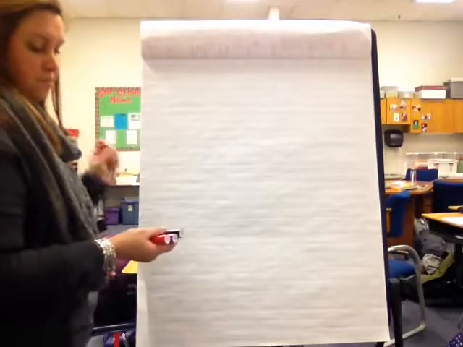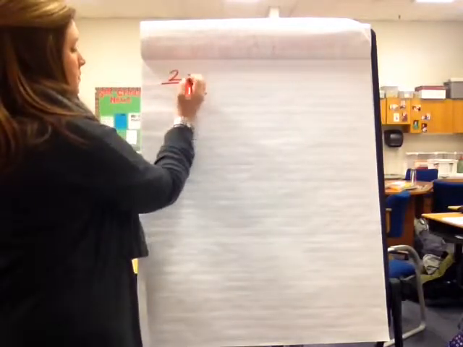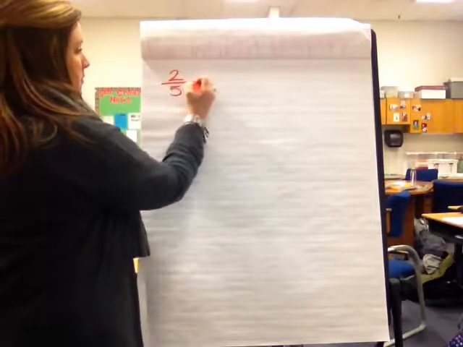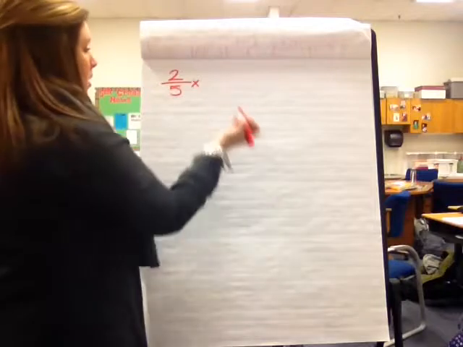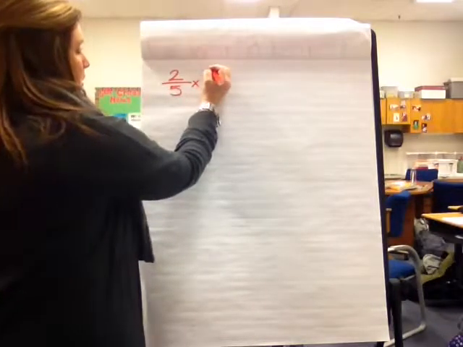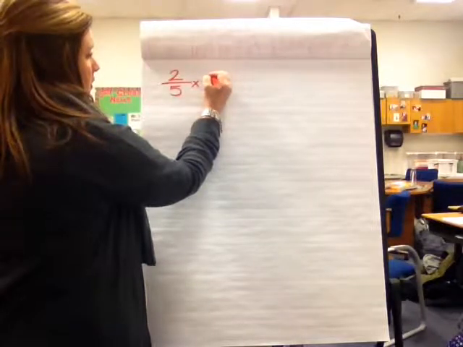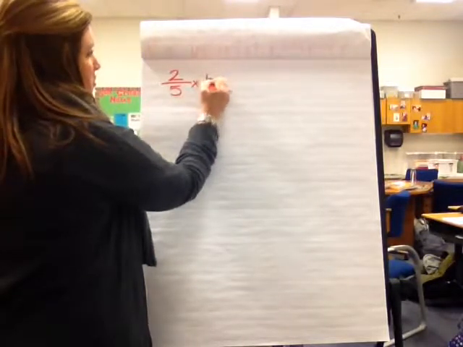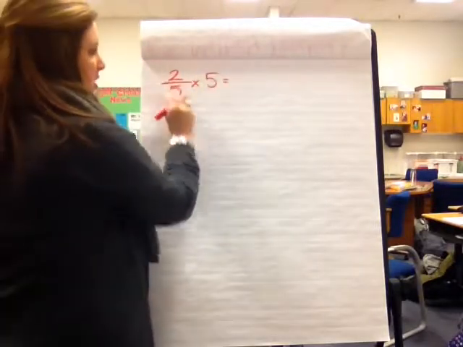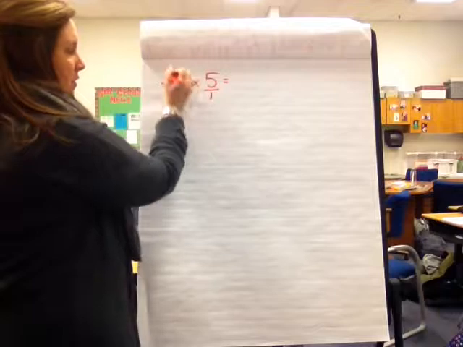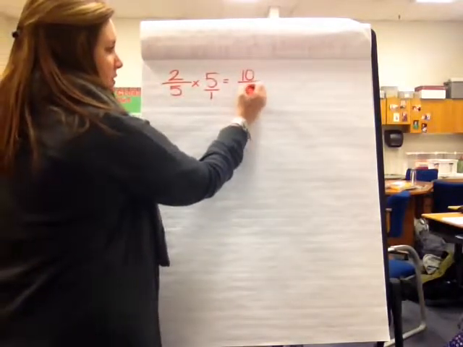Do another one. 2/5 times, let's do 5. Okay? So I'm looking at this. Make this a fraction. 2 times 5 is 10. 5 times 1 is 5.